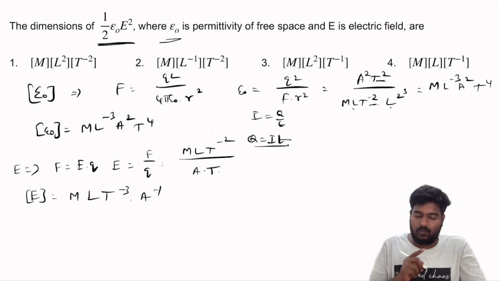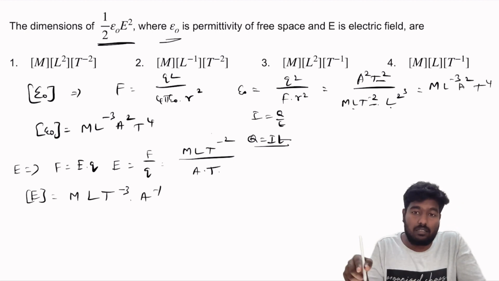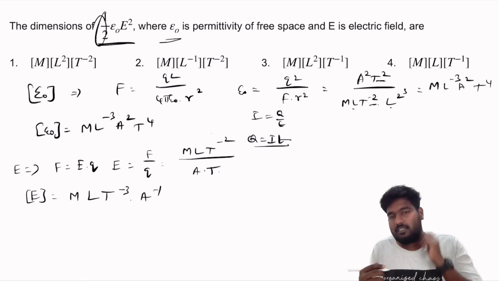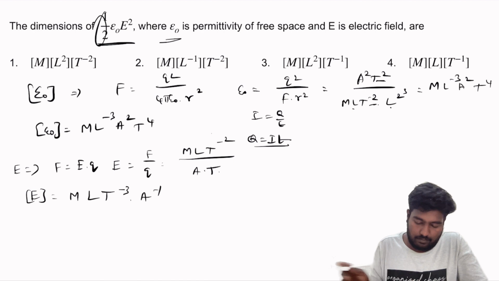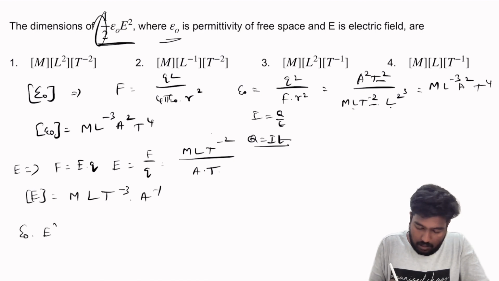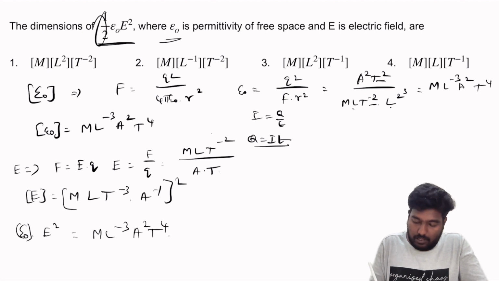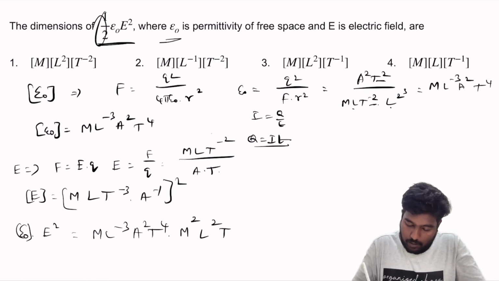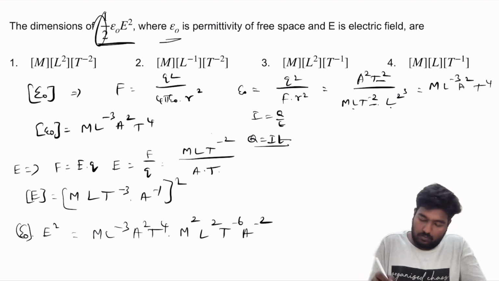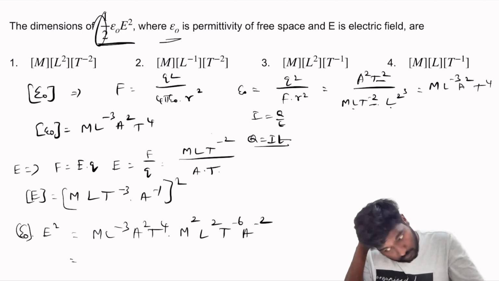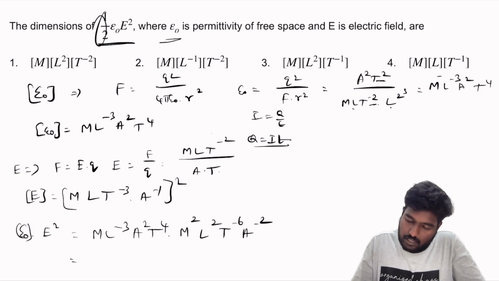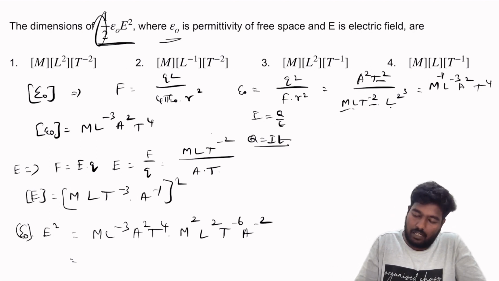Okay. Now we want epsilon naught E square. We can omit this half, a number will not have anything to do with the dimension. So epsilon naught into E square means that you have to square this entire thing. So epsilon naught is M inverse L power minus 3 A square T power 4, into, I have to square this thing, so M square L square T power minus 6 A power minus 2. M is in the denominator for epsilon naught, so M inverse.